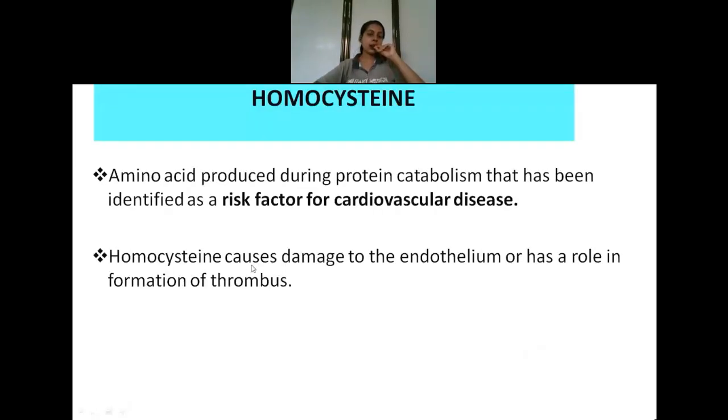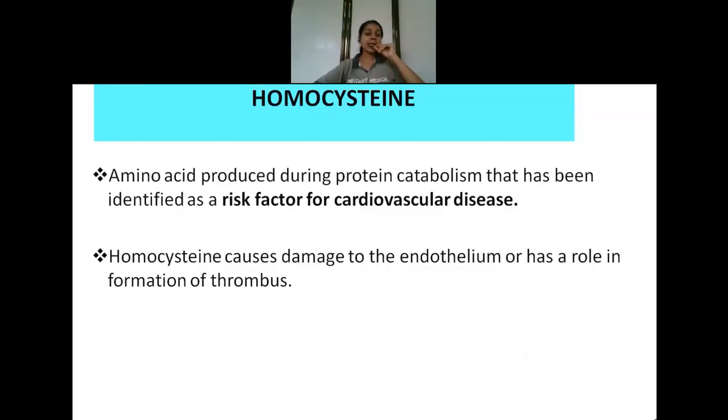Next one is homocysteine. Regarding homocysteine, I don't think you might have heard. So what is homocysteine? Homocysteine is an amino acid that is produced because of the breakdown of protein.